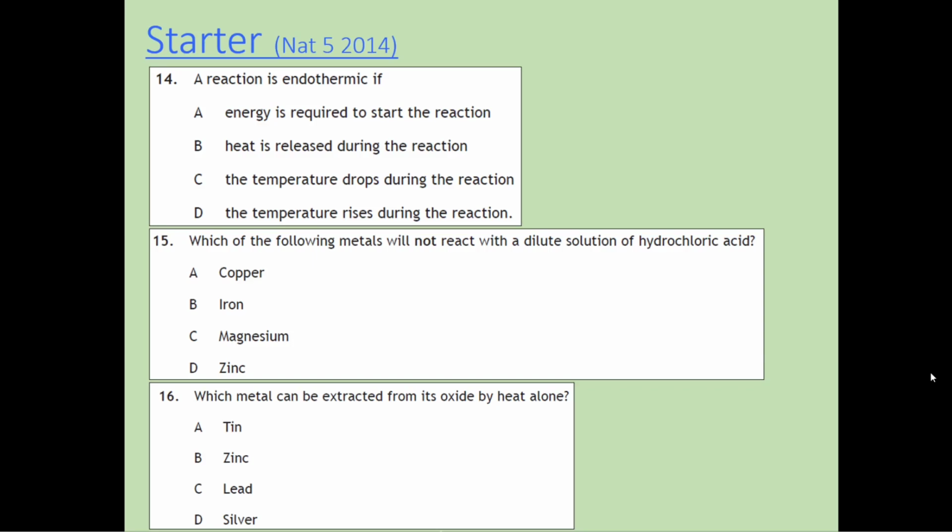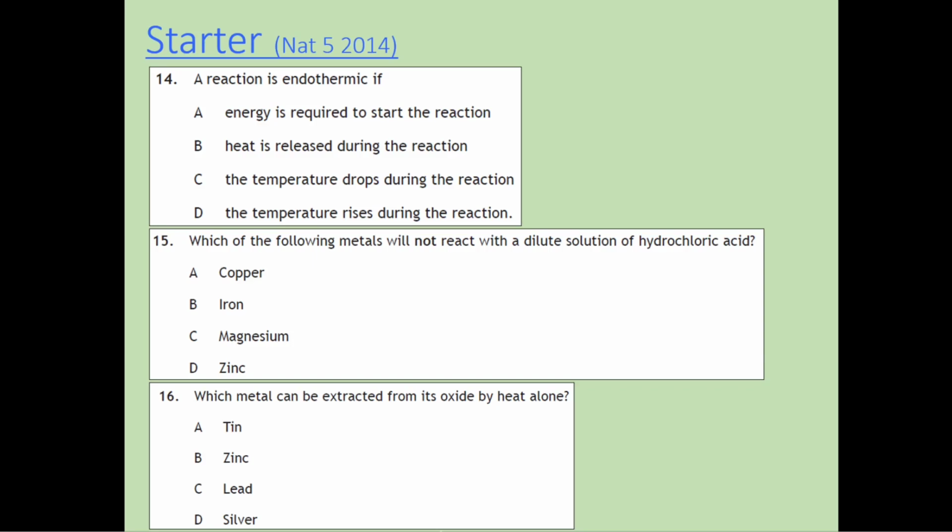Now we can go to page 10 in our data booklet, look at these four metals and see which one is not above hydrogen. Copper is below hydrogen in the electrochemical series, therefore will not react with an acid. Iron, magnesium, zinc are all above it, will all react with acids. So the correct answer is A, because copper is below hydrogen on the electrochemical series and will not react with an acid.